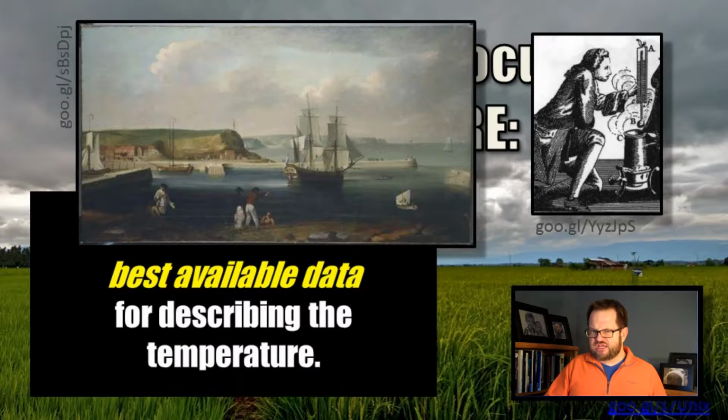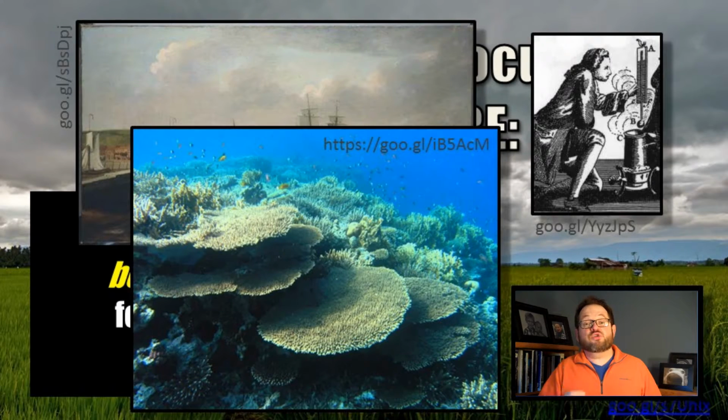Temperature also has the advantage of being a climate parameter that we can extract information about the past from. We can use paleoproxies to understand the temperature of the past. Like, for example, corals.